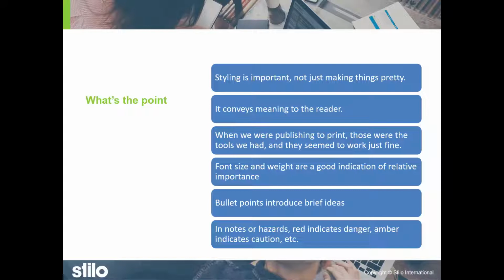If we have notes or hazard, we might use a red font to indicate danger, or an amber to indicate warning, things like that. Even the layout on the page, the position on the page can be important. So you will emphasize a certain aspect of what you're trying to say and actually make it more interesting.